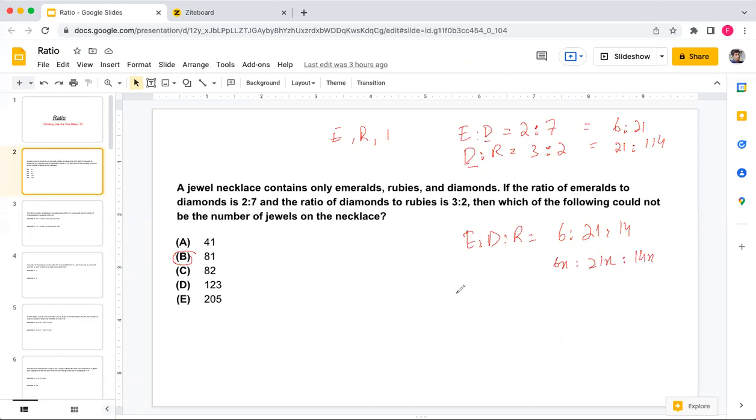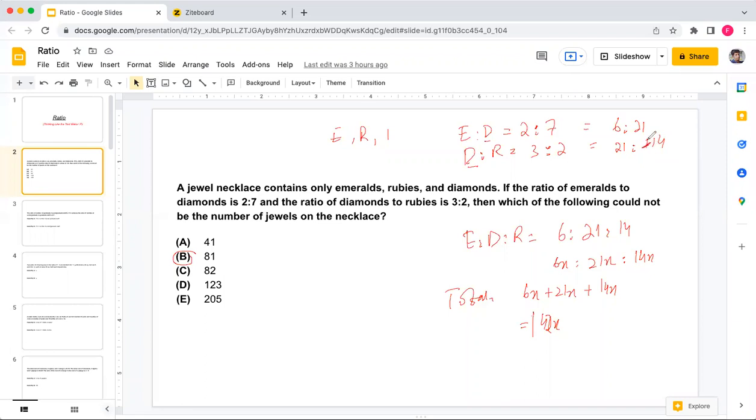So if I ask to find the total value, I will just add all of these. This will be 6x plus 21x plus 14x. What is this value? This is 41x. Someone said 42x, and asked how it is 14x, is it 6, 21 and 14?